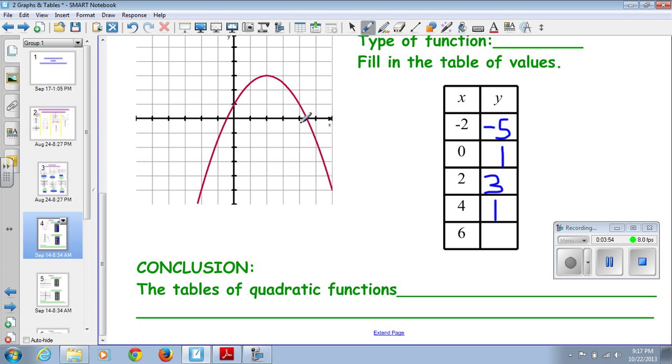And when x is 6, y is -5. So again, we have a quadratic here. I'm going to abbreviate it. What I want you to do is take a look at the rate of change in each table. Remember, change in y over change in x. Take a look and come up with the rate of change.